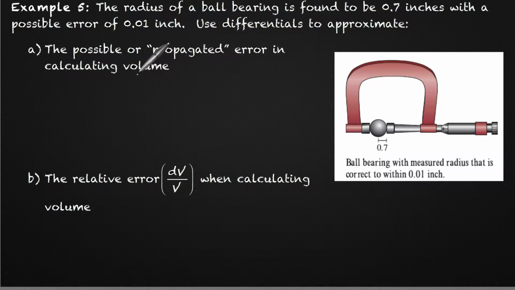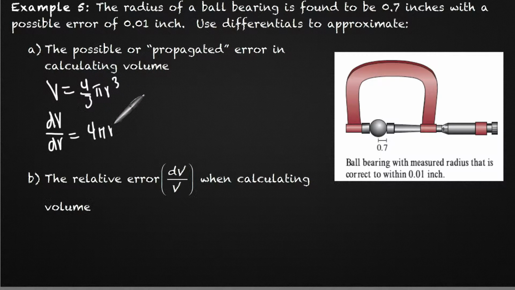All right, so we know that the volume of a sphere, and it's a ball bearing, so it's a sphere, is going to be 4/3 pi r cubed. So let's go ahead and find dV. dV, and maybe we'll put dV/dr if that helps you. Bring the 3 in front, so it's going to be 4 pi r squared.